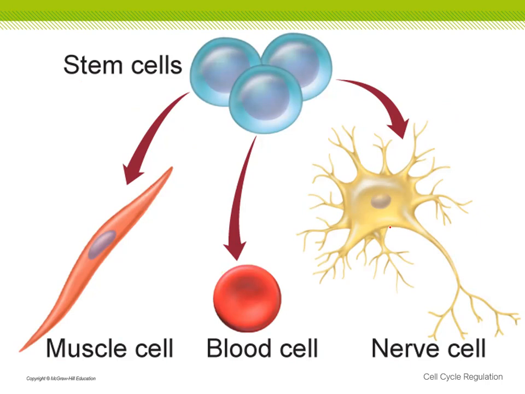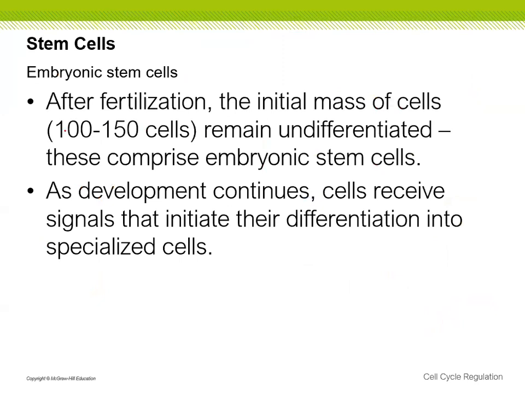So when an egg gets fertilized, we have 100 to 150 cells that remain, called undifferentiated. AKA, we have 100 to 150 embryonic stem cells.